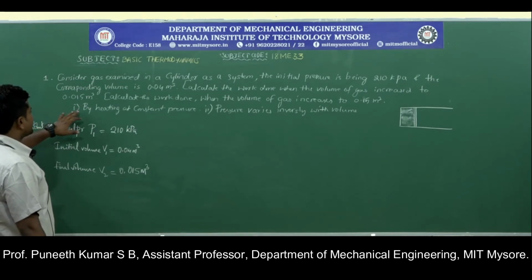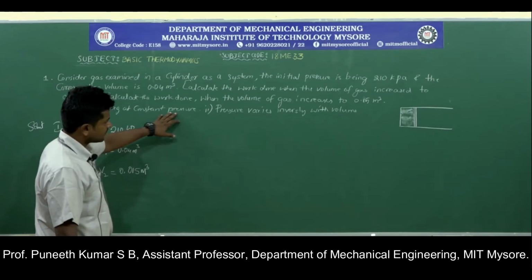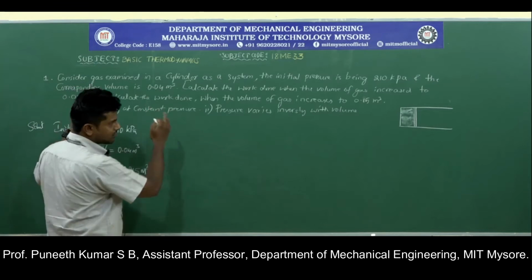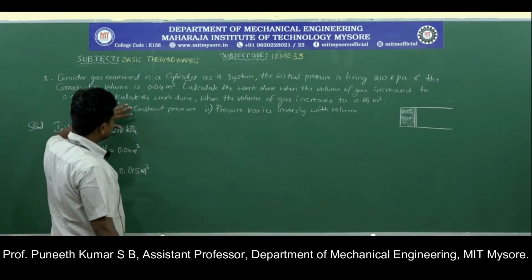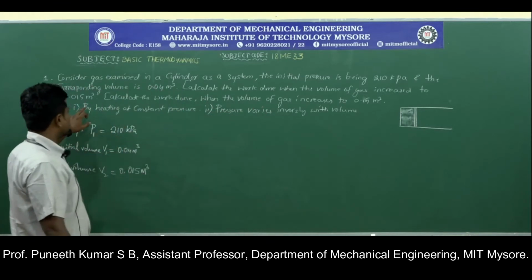So the very first point to be found is by heating at constant pressure, and next, I am supposed to find the work in two different conditions. What are those two different conditions?